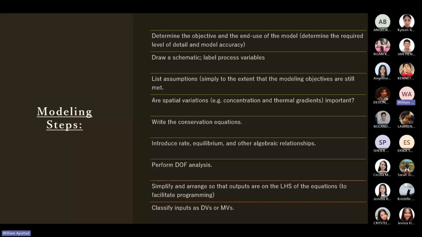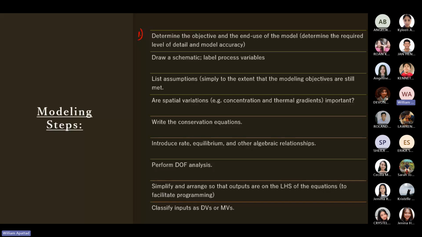So, here are the steps in developing a model. So, here are the modeling steps. First, we need to determine the objective and end use of the model. So, determine the required level of detail or model accuracy. Sa step 1 na to, kailangan mong specify kung ano yung control objective mo.